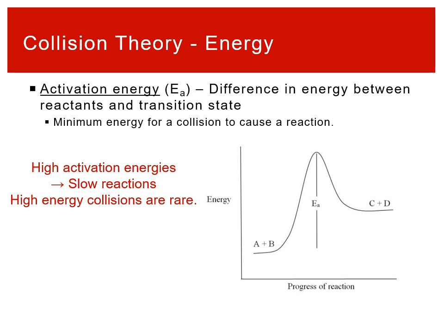In general, most collisions don't have enough energy to make it over the barrier, and that's why reactions don't just happen. If you have a really high activation energy, you have really slow reactions. Anytime we talk about reactions that are really slow or just don't happen, it's because the activation energy is really, really high.